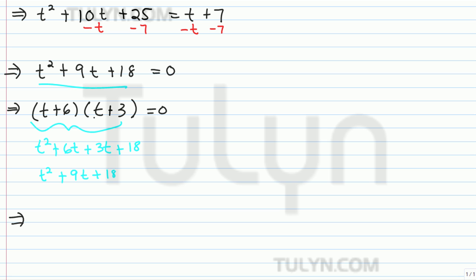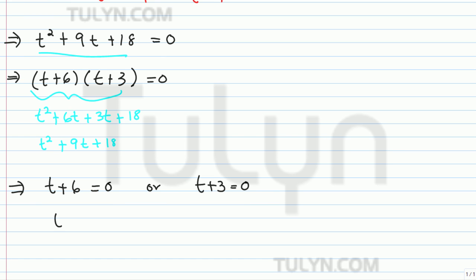Since we have t plus 6 times t plus 3 is equal to 0, we know that either t plus 6 is equal to 0 or t plus 3 is equal to 0. It's a property known as the zero factor property. And then solving these 2 individual equations, t is equal to -6 or t is equal to -3. So now we have our 2 solutions.